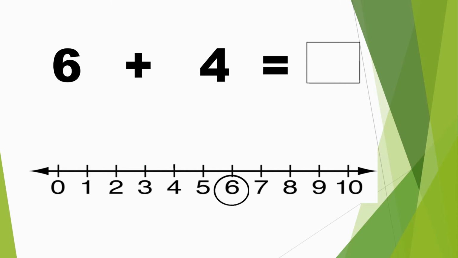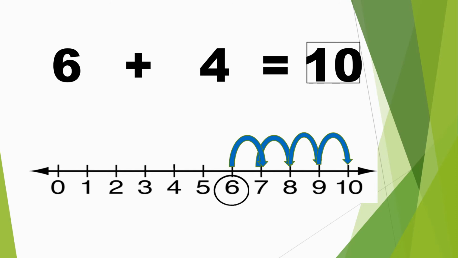Now I know hopping means going to the next number. So 1 time, 2 times, 3 times, 4 times. I hop 4 times from 6 and I came to 10. So my answer is 6 plus 4 is equal to 10. And I hop to the right because I am adding.